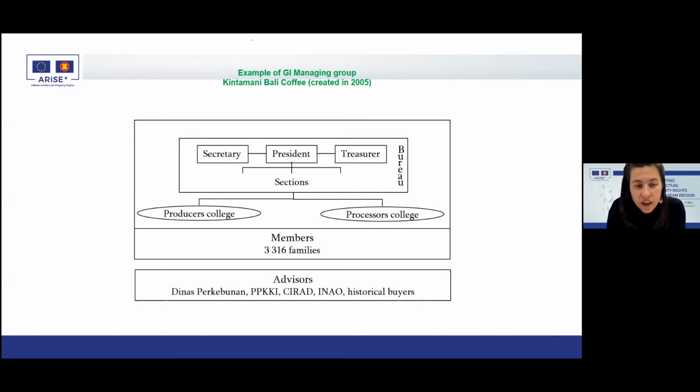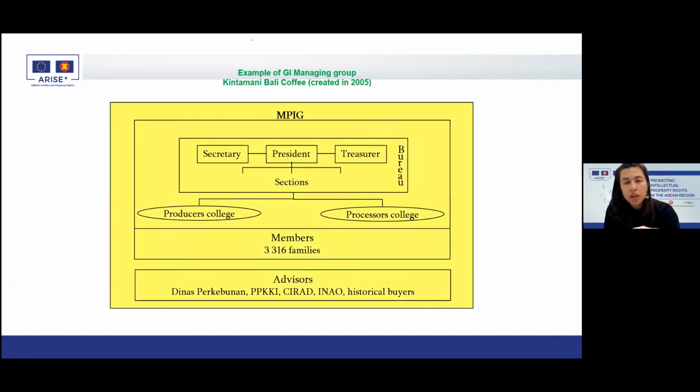Advisors are also invited, such as agricultural services, experts, and historical buyers of coffee. And all these actors compose the GI managing group.